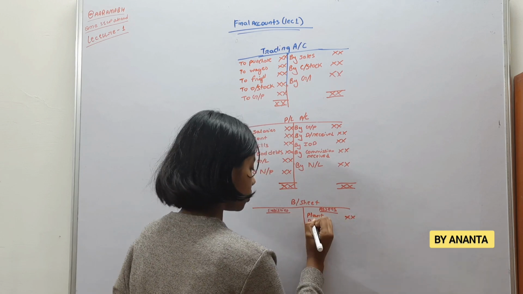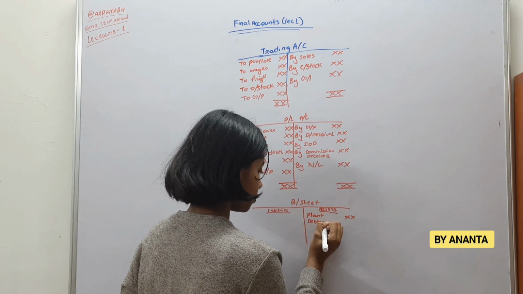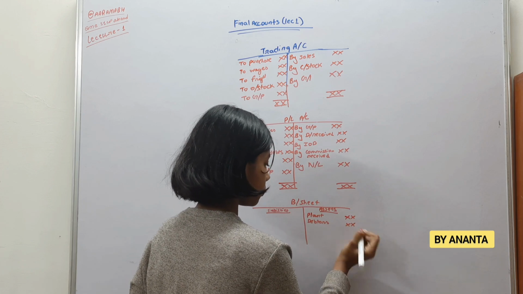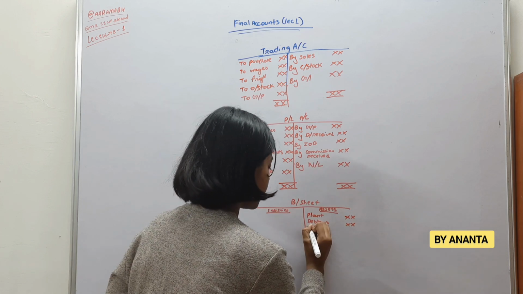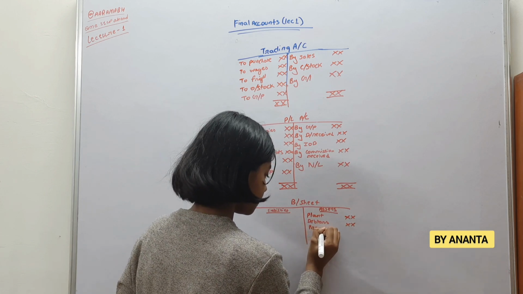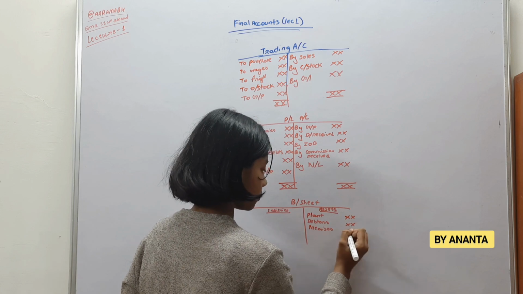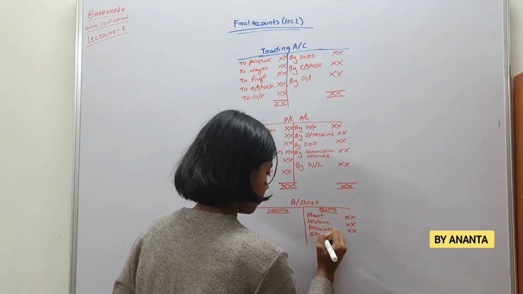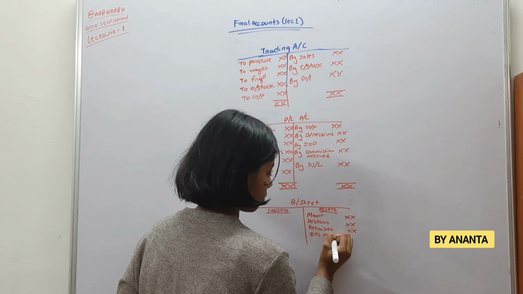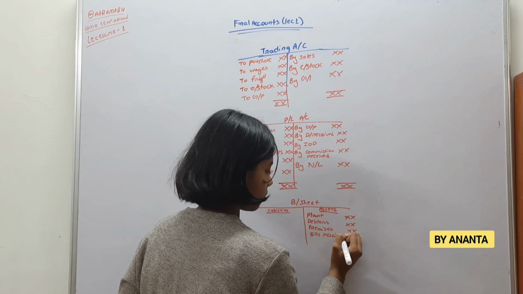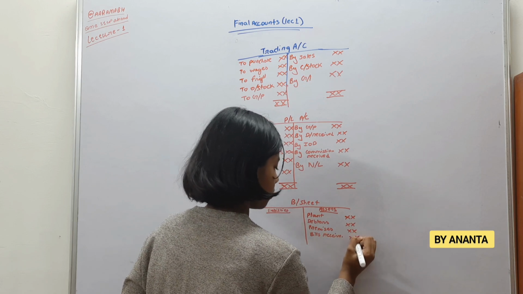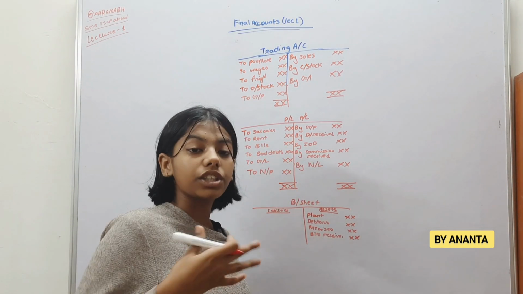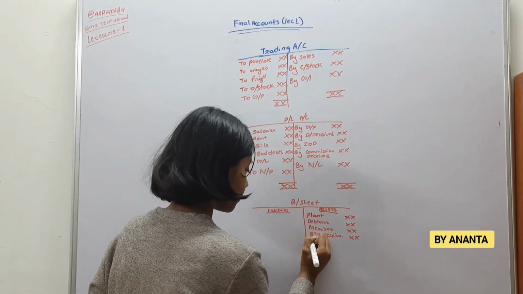Assets belong to us, so that could be our plant, debtors, then there could be our premises, bills receivable, then our cash in hand and cash in bank.